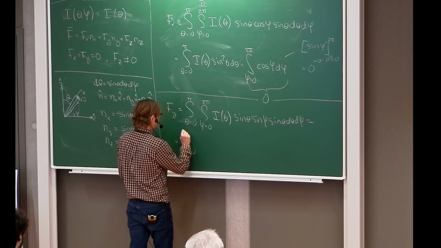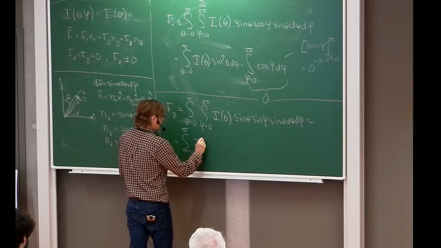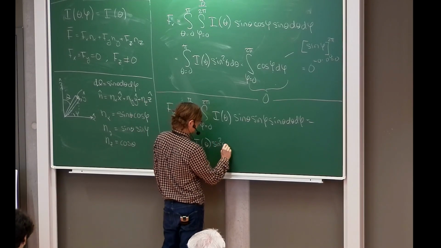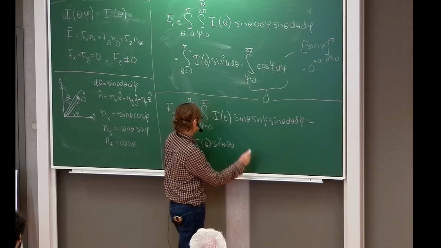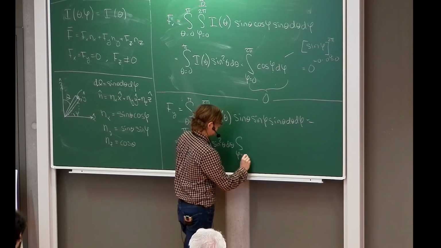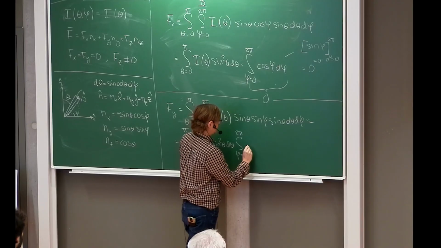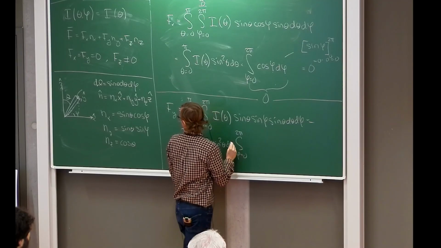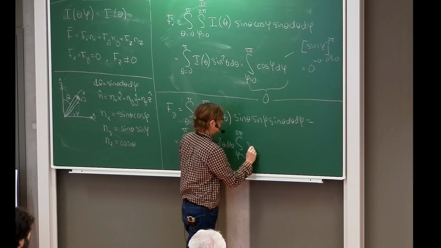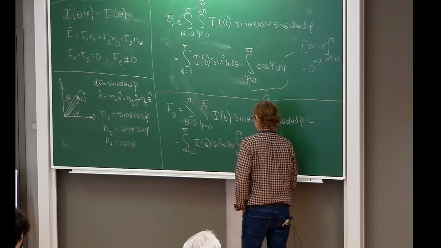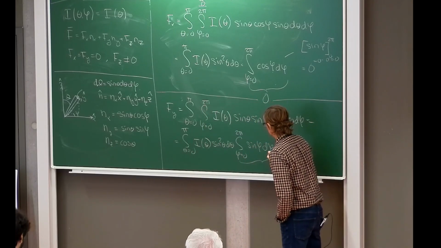So, I of theta sine squared theta d theta, and phi from 0 to 2 pi, and now we have the sine phi d phi. Now, can anybody guess what this integral is?